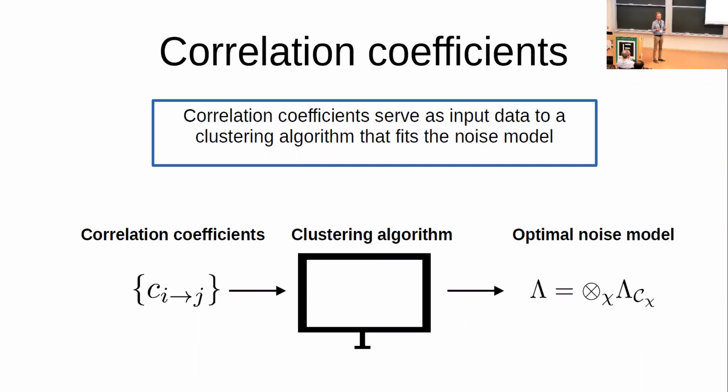In social networks, those algorithms tend to increase your contacts as much as possible, but here we have restrictions. We don't want those groups, those clusters, to get too large, so we need to take that into account. And at the end of this stage, we get a model that describes noise in our device.